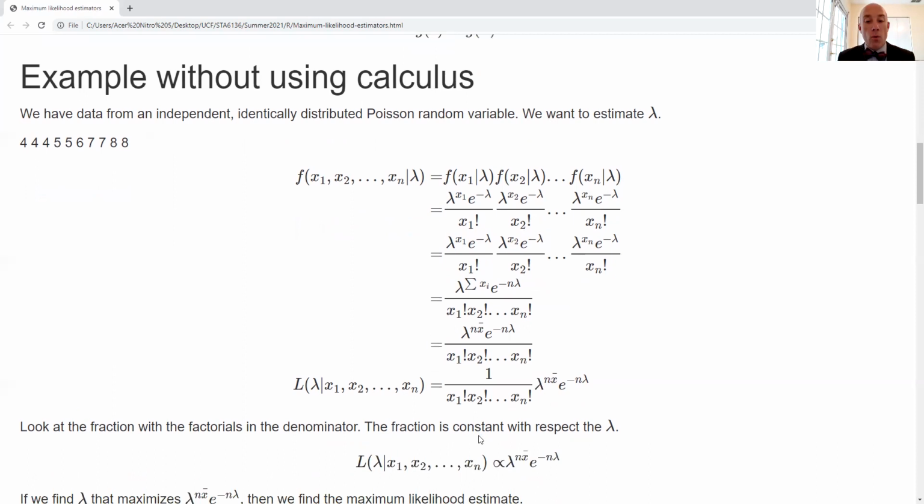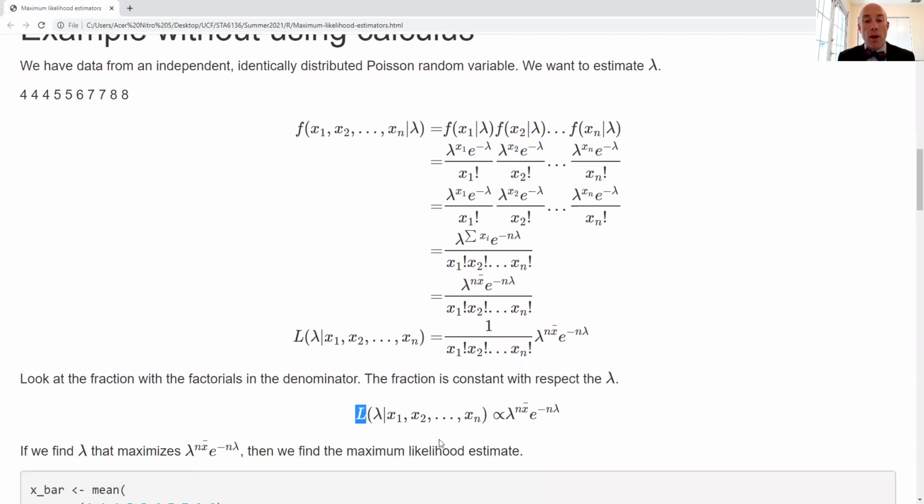So I can just say my likelihood is proportional to this. I'm only going to work with this part. I'm going to ignore this constant because the maximum is going to be the same either way. And this is just a little bit cumbersome for me to work with mathematically.